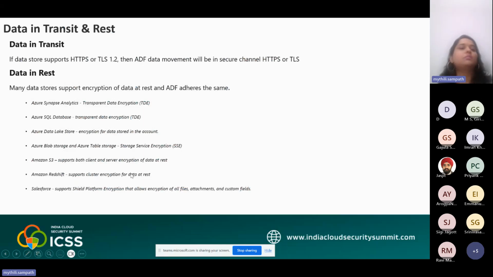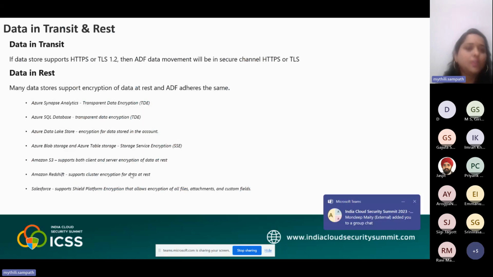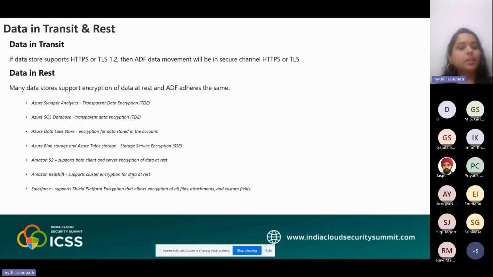Okay, the next is on data in the moment, data in transit and at rest. In transit, data supports HTTPS. Transit means the data is on the move, right? Automatically the data store supports HTTPS, especially from point A to point B, data source one to data source two, and the channel is encrypted.